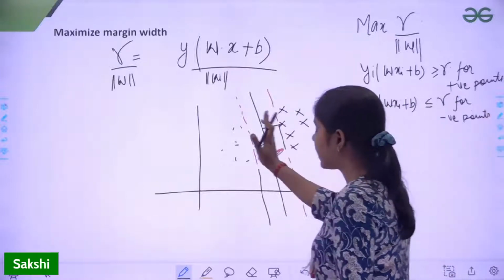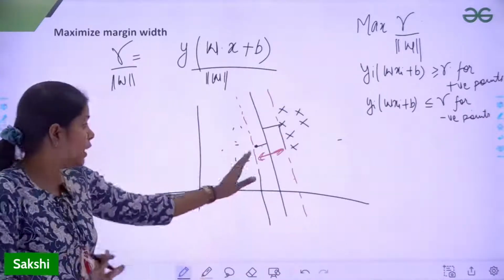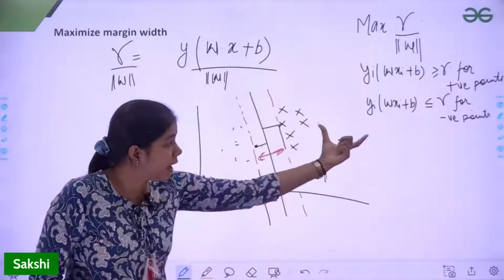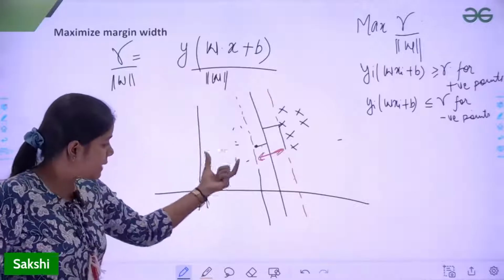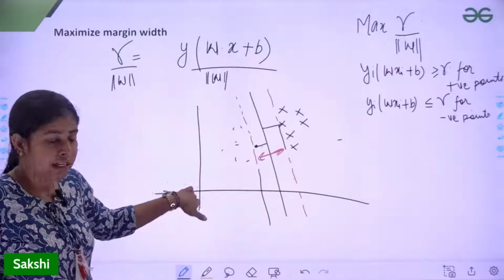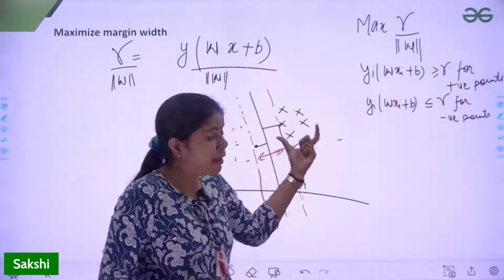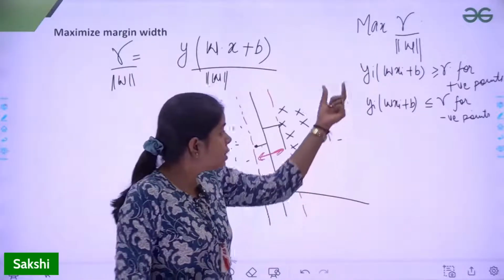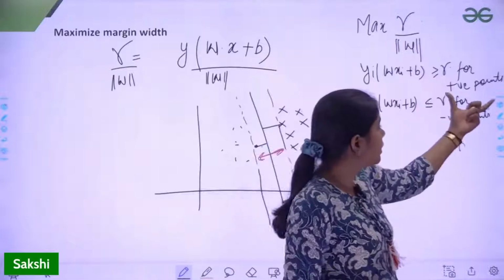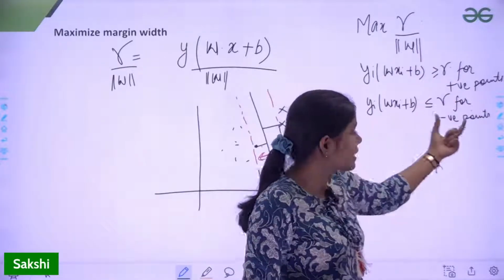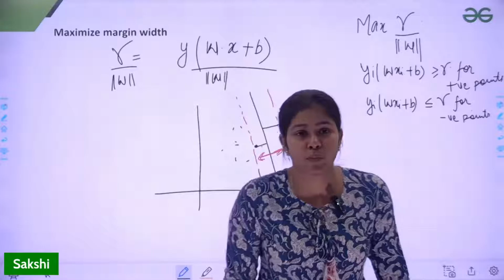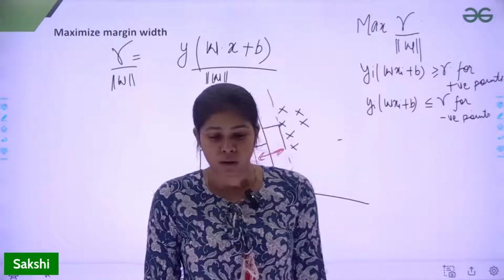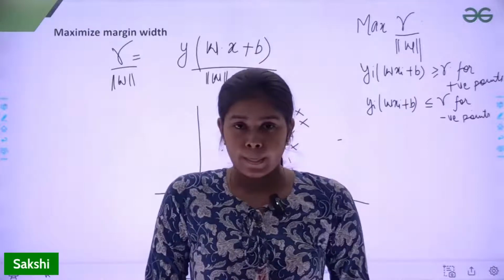So you can see that if this distance is less than gamma, then we are reaching negative points. If yi into (w xi plus b) is greater than gamma, then we have positive points, right? Under this condition we have to maximize gamma upon norm of W, right?